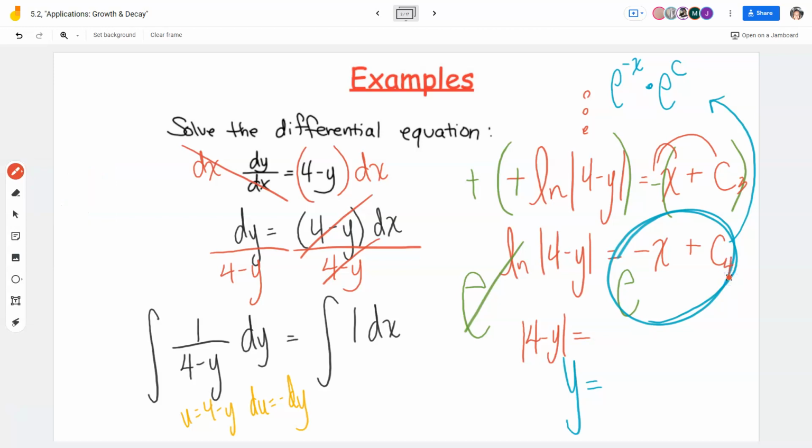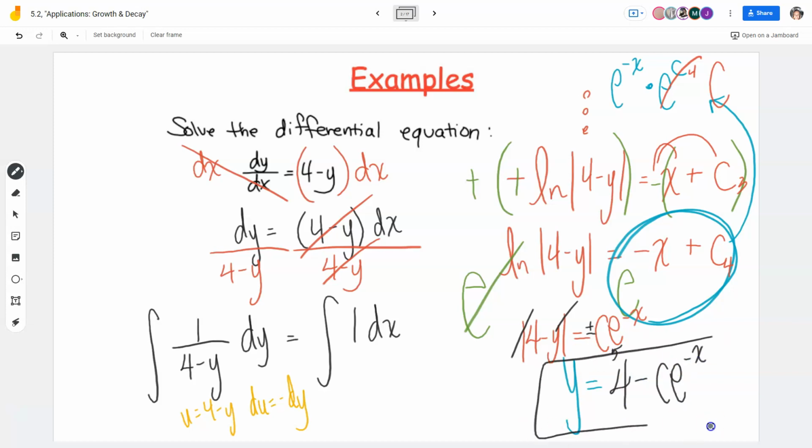This could be my arbitrary constant. E to some constant is a new arbitrary constant. So I would have this crazy C e to the negative x. The C's still there, but the math is putting them in weird places. I would end up having this plus or minus idea to get rid of my absolute values. That plus or minus kind of gets absorbed into the C5 to be a nice new C.